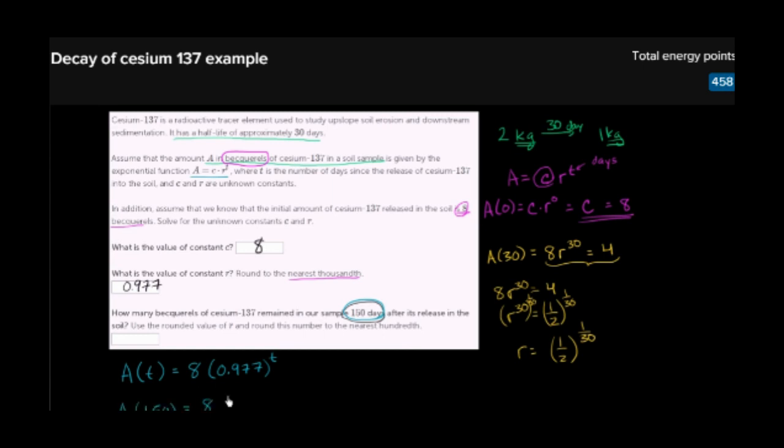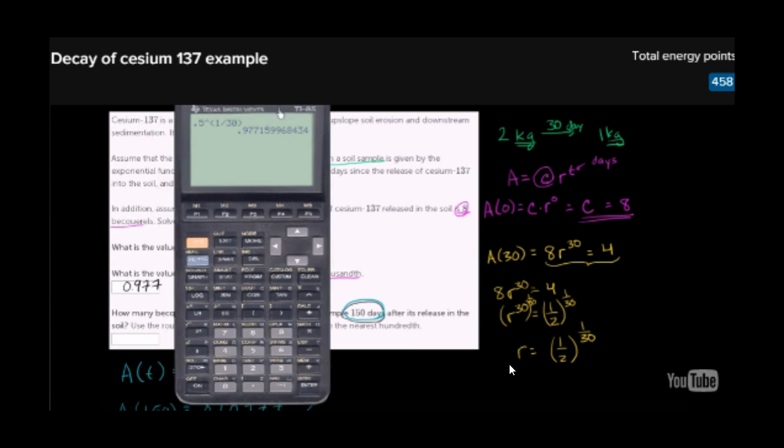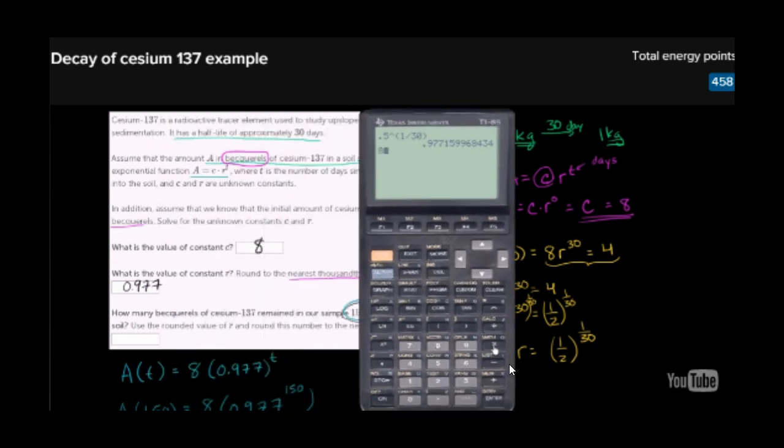Well, that's going to be 8 times 0.977 to the 150th power. And so clearly we need a calculator for this. So let's calculate that. So it's going to be 8 times, and they told us to use our rounded value of r, not the exact value of r.